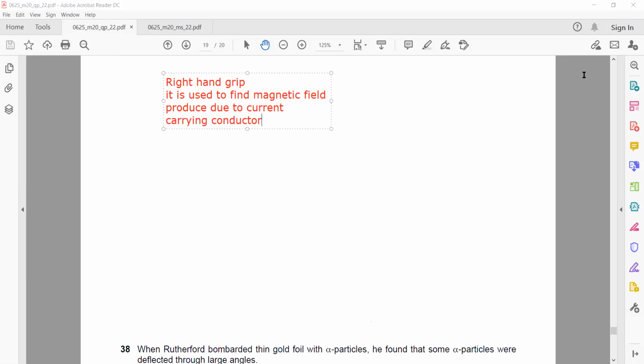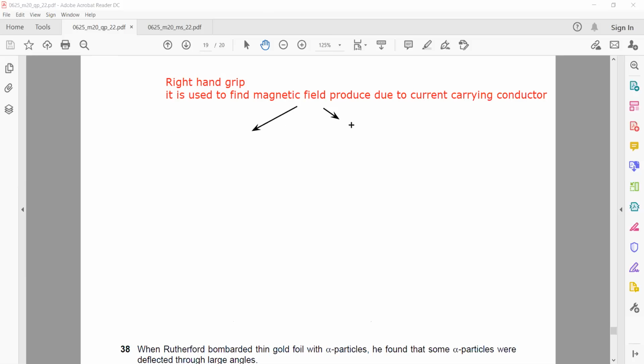So if we want to find the magnetic field produced by a current carrying conductor, we use the right hand grip rule. And this right hand grip rule is divided into two parts. It can be a straight wire, or it can be a circular wire or a coil or a solenoid.